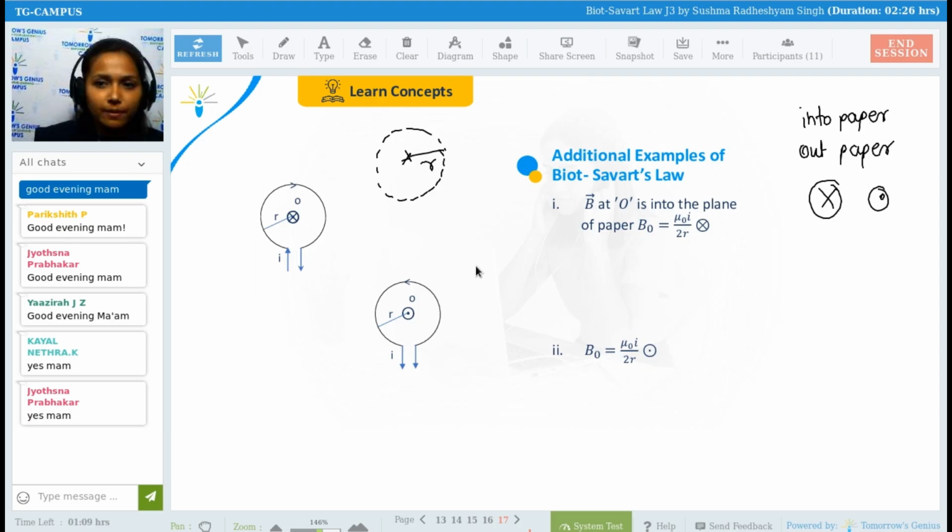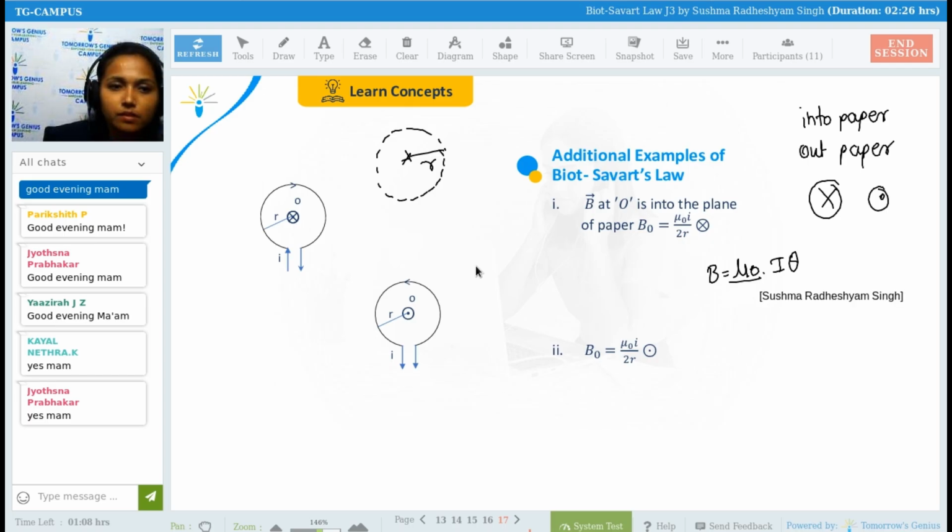The formula is simply B is equal to mu naught upon 2 r I theta. Am I right? Not 2, there is a 4 pi. There is 4 pi r, here r is small, I theta.